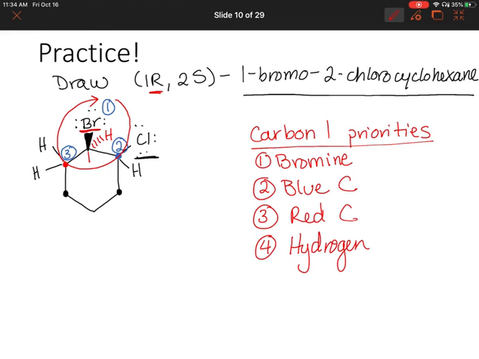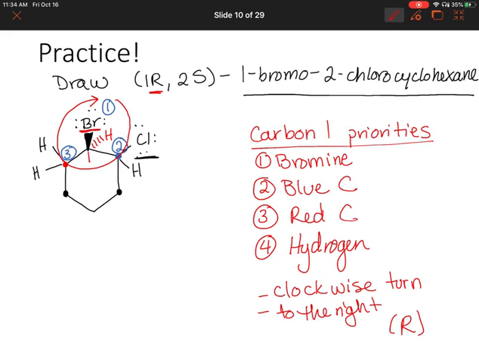So we're doing a clockwise turn to the right. So is that R or S? R. So we just verified that bromine will be in the wedge position because that will create an R conformation for carbon 1. Great.